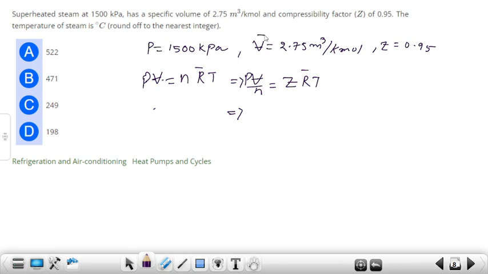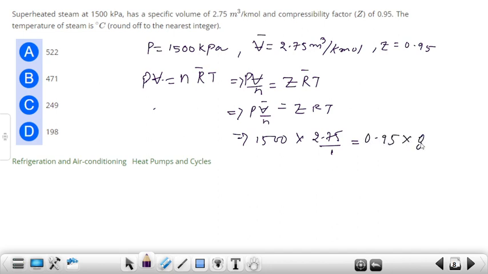So this P V dash is equal to Z R T, and the given pressure is 1500 and V dash is equal to 2.75 divided by n, the number of moles, which is equal to 1, and Z is equal to 0.95, and R is equal to 8.314, which is the ideal gas constant, and T is the temperature, which we have to find from this equation.